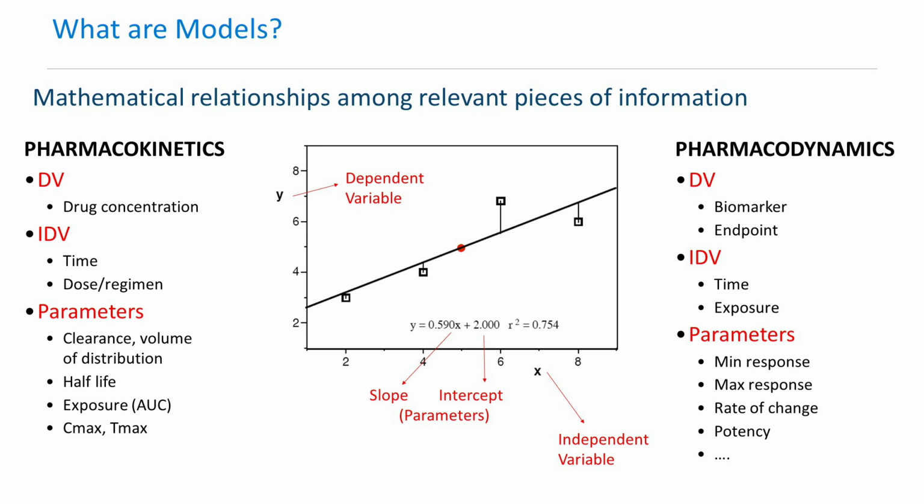Our independent variables are things like time and drug exposure. And our parameters can vary. As I said, pharmacodynamic models are quite a bit more variable, but generally we'll get some information on the minimum response, the maximum response, the rate of change of response as your exposure changes, and things like potency. And I will touch on these concepts in more detail further in the presentation.